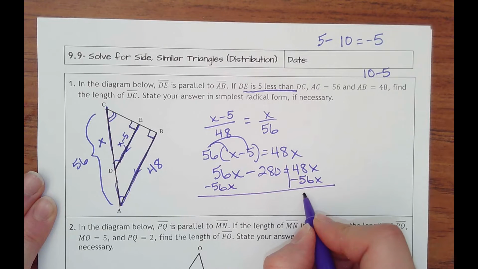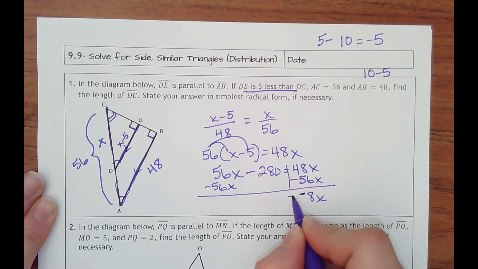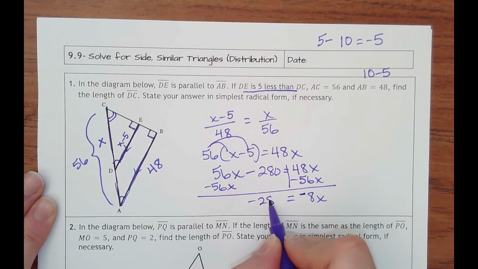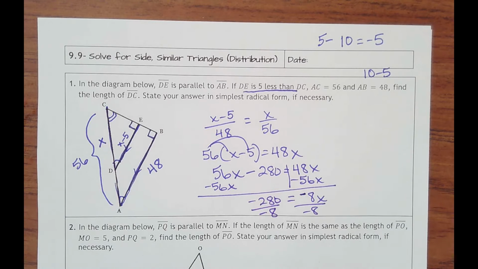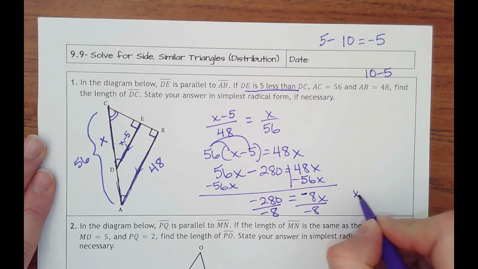That would be an 8, -8. X equals -280. Divide by -8. And you should get X to be 35.